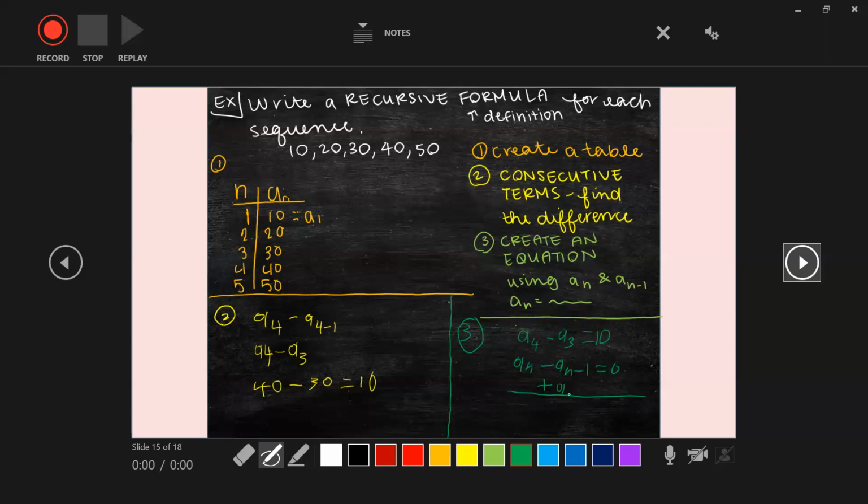So make sure that's 10. Very good. So we're adding the a sub n minus 1. And so our formula is a sub n is equal to a sub n minus 1 plus 10. That is our formula. Very good. Now, I want to point out something that Ethan thought of that's actually the next step.